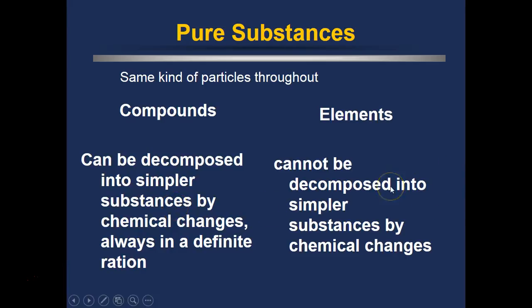An element cannot be decomposed into simpler substances by chemical changes. So with an element such as copper, if we cut smaller and smaller pieces of copper, we would still have a bunch of atoms of copper. Even if we tried to get down to one single atom, we can't do that other than just by cutting the physical thing that we can see.